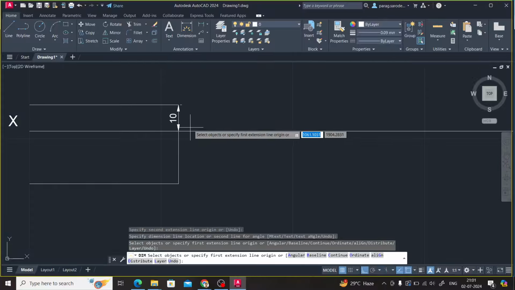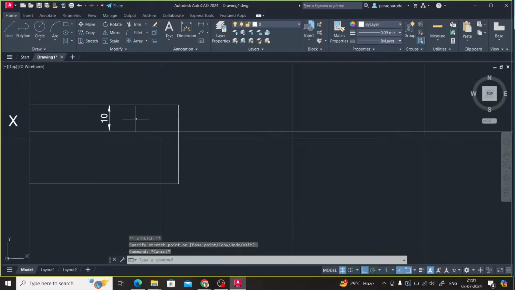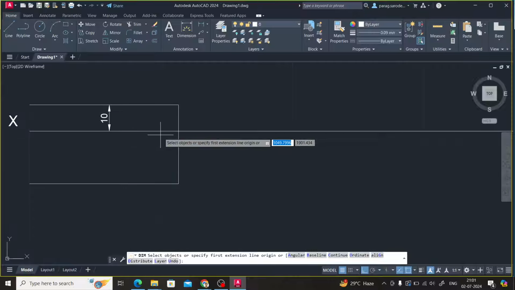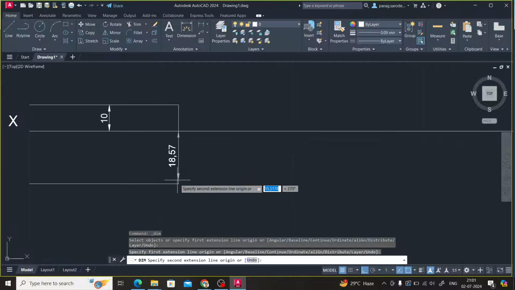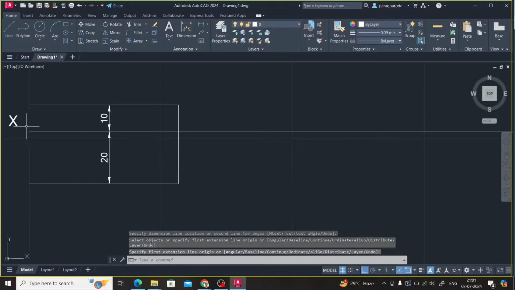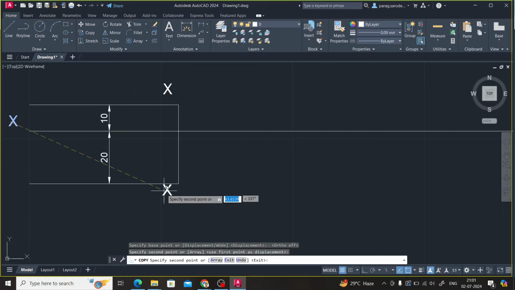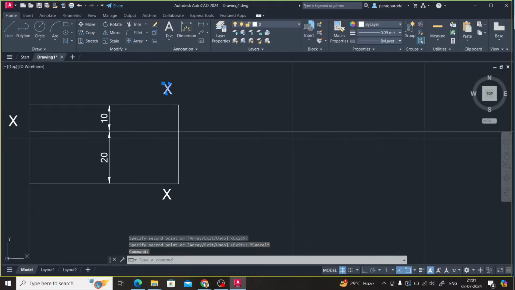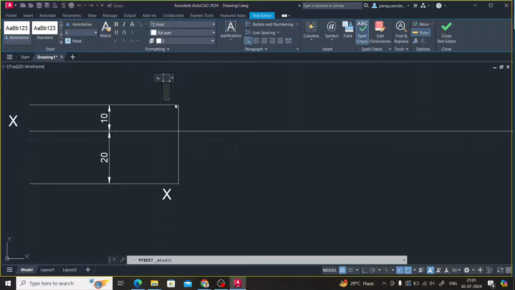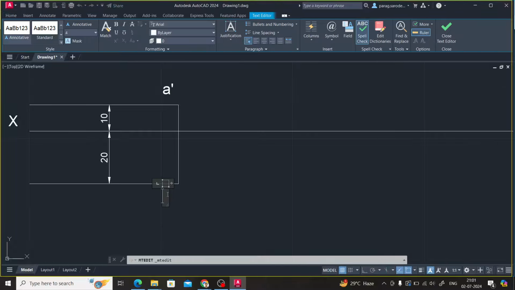How much is it? 10. How much is it? 20. Correct? Then I will call this point A dash and this point A.